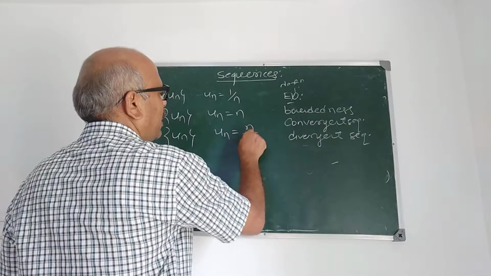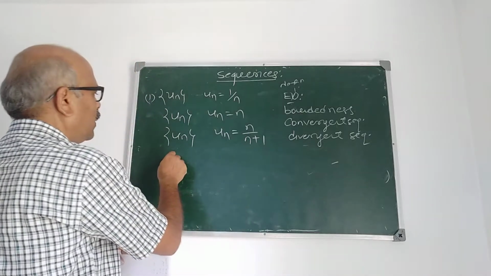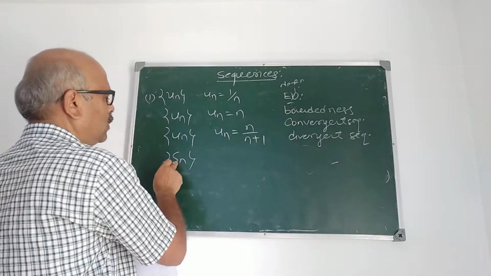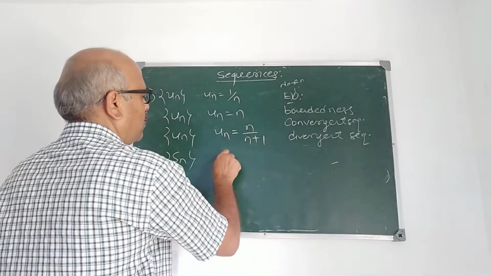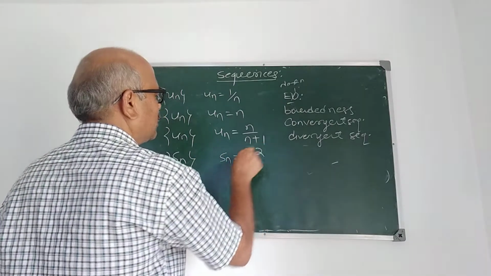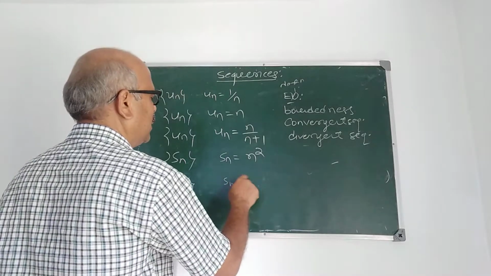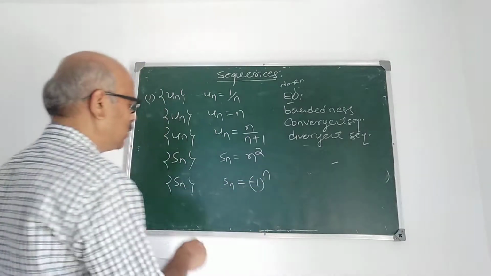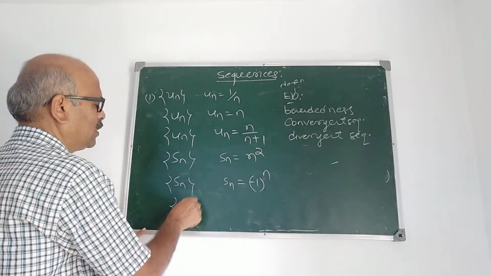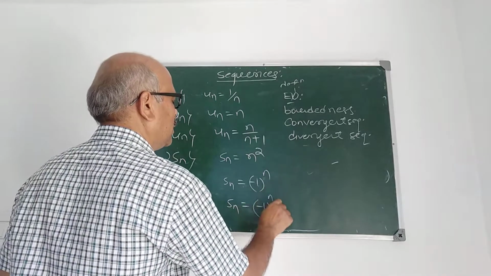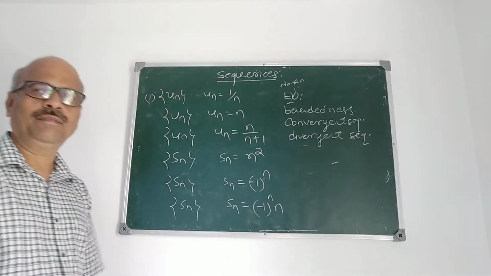Un is n by n plus 1. Sometimes a sequence is denoted by Sn also, so I use this notation also. Sequence Sn, where Sn is n square. Sequence Sn, where Sn is minus 1 raised to n. Sequence Sn, where Sn is minus 1 raised to n into n.